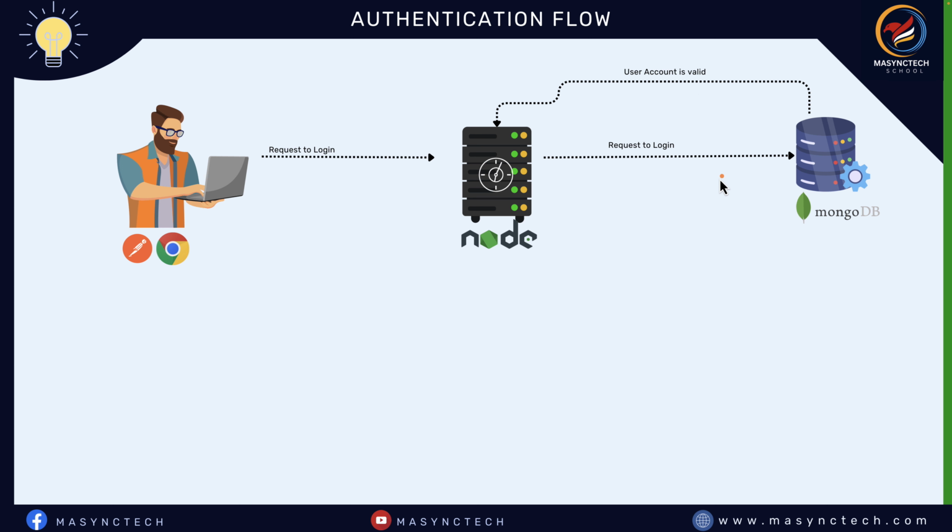But in case the user is not found, then the database will say that, hey, invalid login credentials. So the response from the DB will now be sent to our server, and our server will now send the response back to the user. Either the login was successful or not.